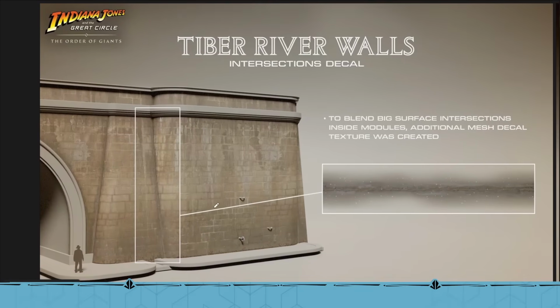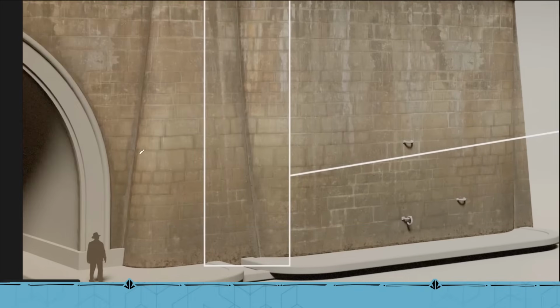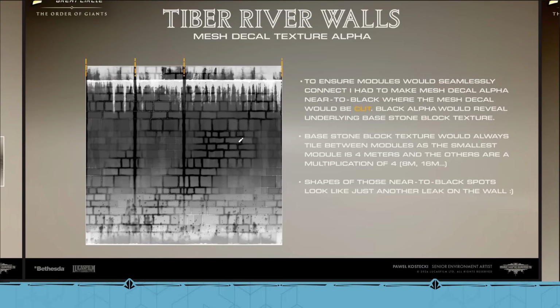And here we go. So this is the explanation. So this is another decal. To blend big surface intersections inside modules, an additional mesh decal texture was created, right? So this is exactly what we have observed, so that it fits perfectly one next to each other. And here we have the mesh decal texture alpha. To ensure models would seamlessly connect, the artist had to make mesh decal alpha near to black, where the mesh decal would be cut.